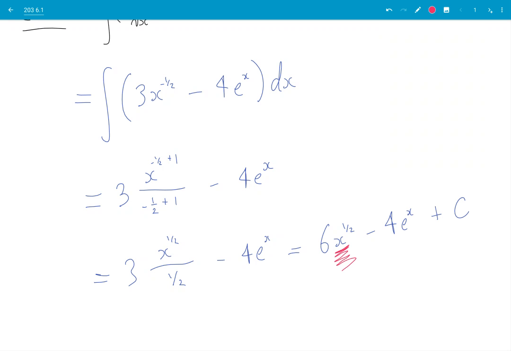Okay, x to the 1/2, you can write that as root x if you want, or not. Either way is fine. Okay, let's recap. What did I do? Here, I used the power rule. And here I used the fact that e to the x is its own derivative.